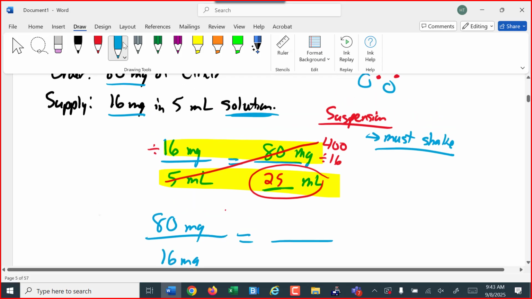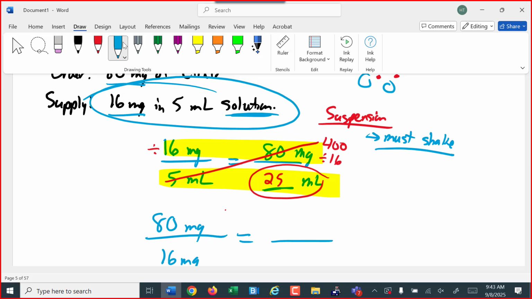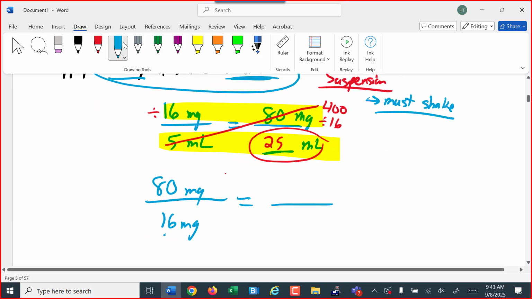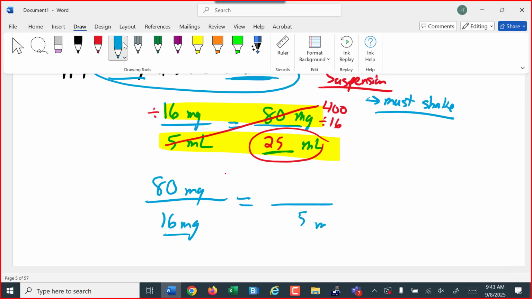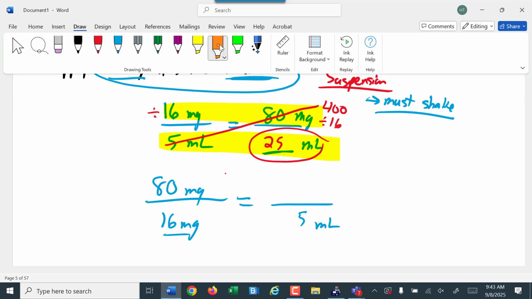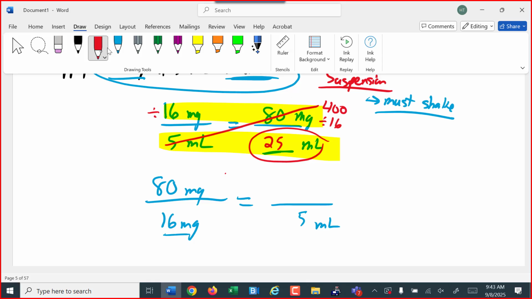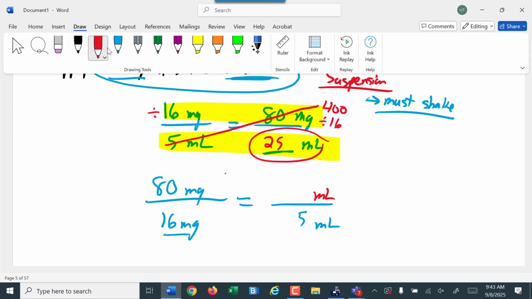The vehicle has to be linked to the on-hand dose, since they're both on the label of the supply. So since I put the 16 milligrams on bottom, I would have to put the 5 milliliters on bottom as well so that they match up, because both of these are describing the supply. And now this is going to end up being milliliters as well.